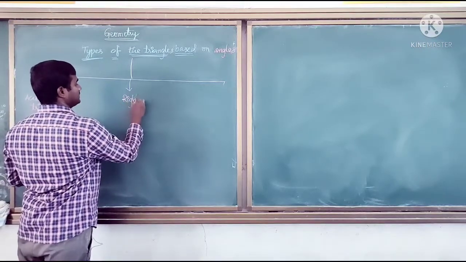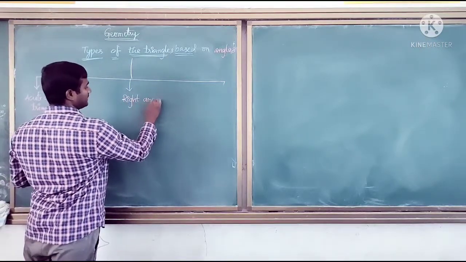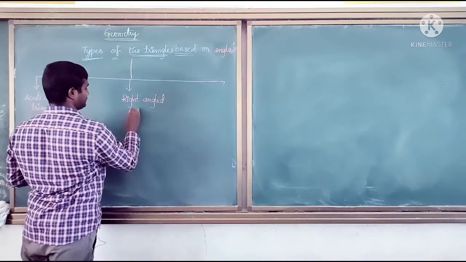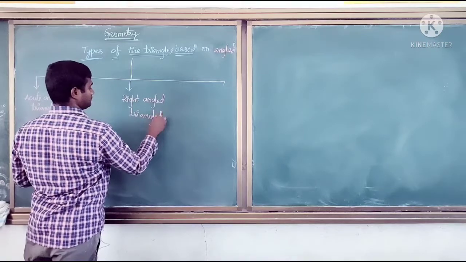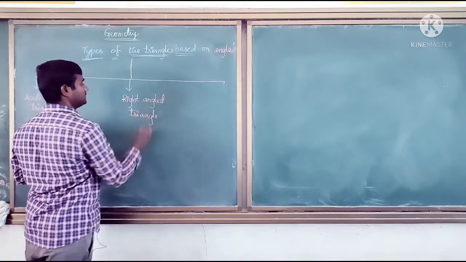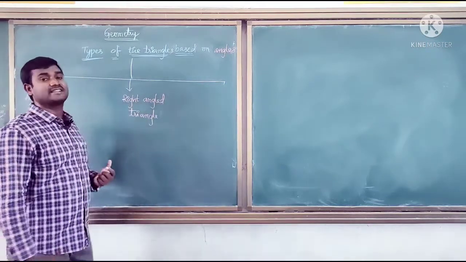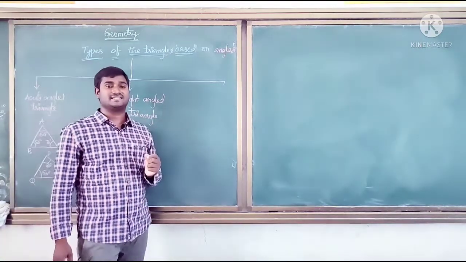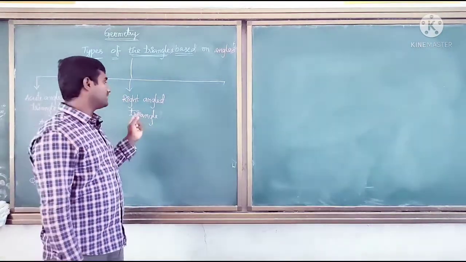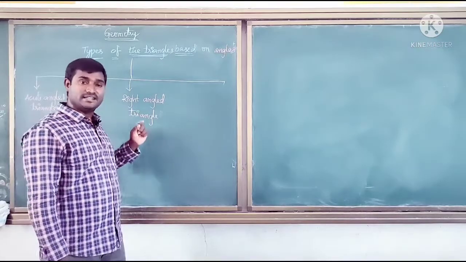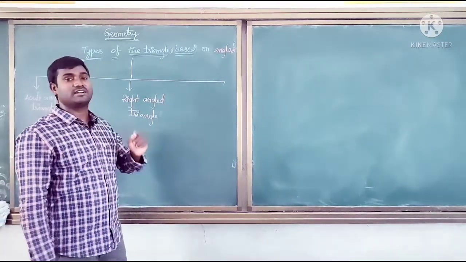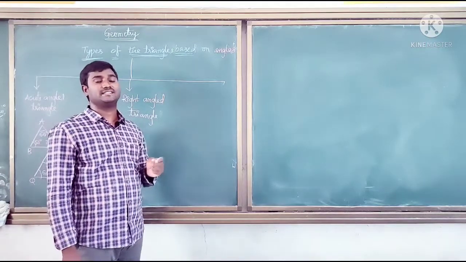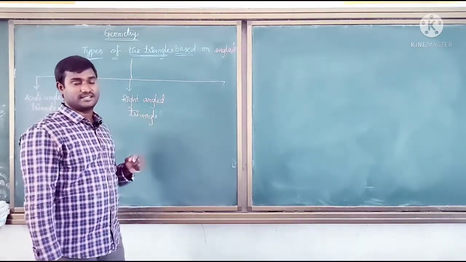What we have is the right angle triangle. Right angle triangle means in a triangle, if any one of the angles measures 90 degrees, it is called a right angle triangle.